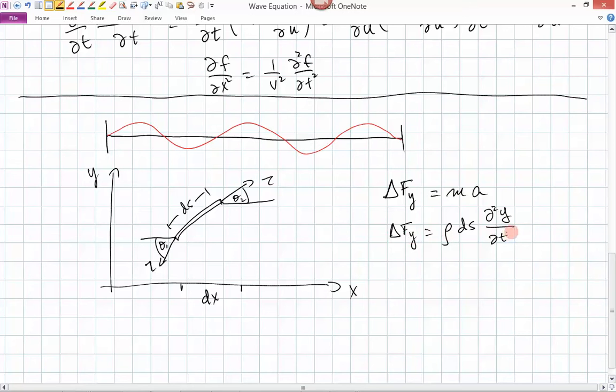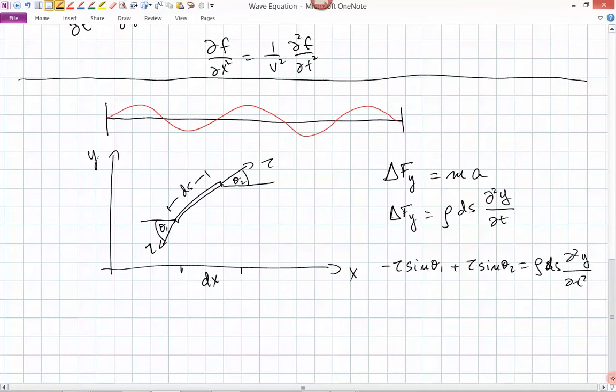So now I'm going to write the forces as minus tau, the tension, sine of theta 1 plus tau sine of theta 2, that is equal to rho ds times the second partial derivative of y with respect to t.